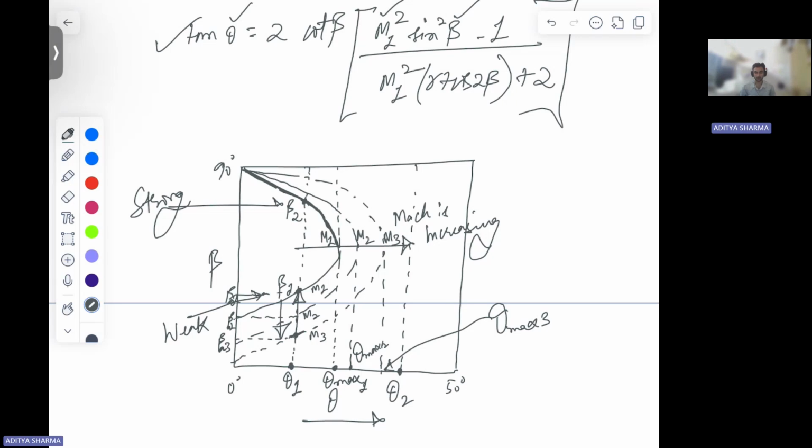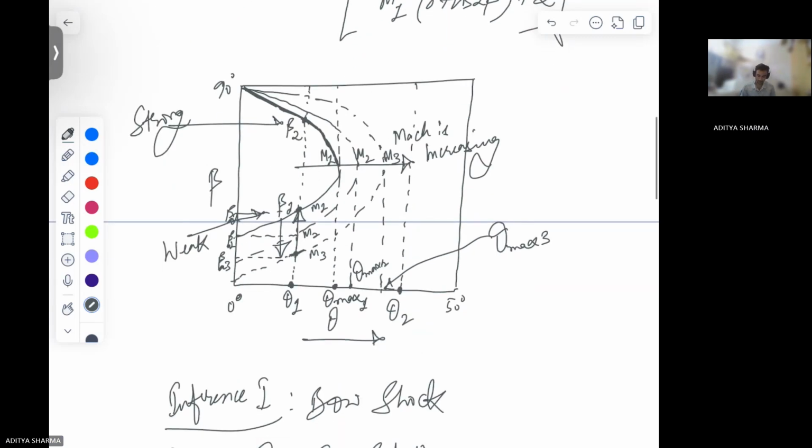Now talking about theta, if you see, theta is 0 degree if you keep, okay. If you keep your theta 0 degree, in that case, this curve relates theta 0 to beta equals 90 degree for your strong shock.